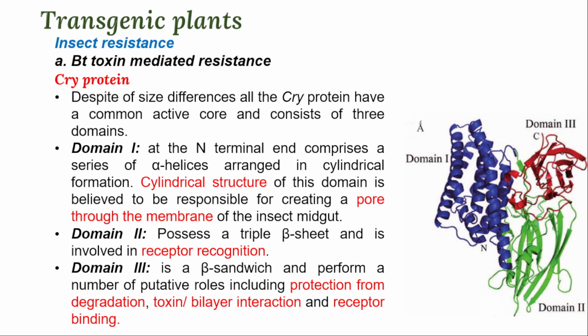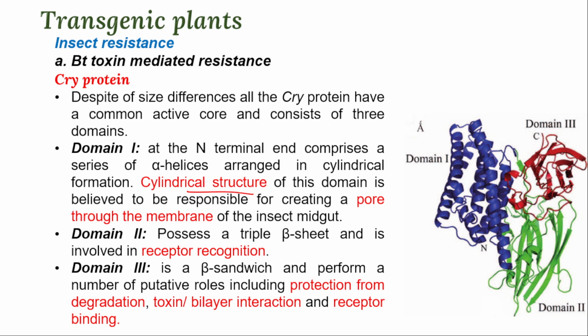Domain 1 makes the cylindrical structure that helps in pore formation in the insect midgut. Domain 2 and domain 3 mainly help in receptor recognition in the epithelial cell, and domain 3 mainly helps in protecting the protein from degradation by different chemicals secreted by the midgut of the insects.